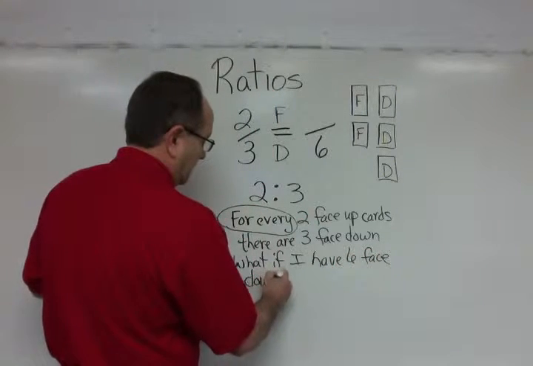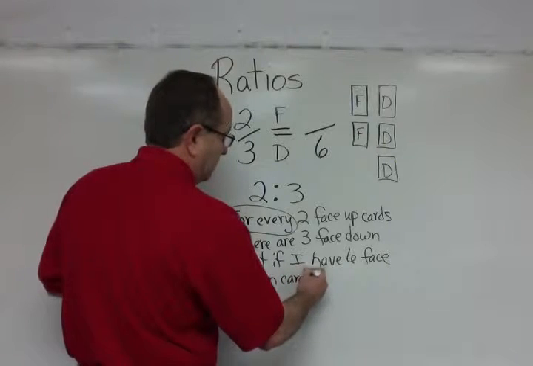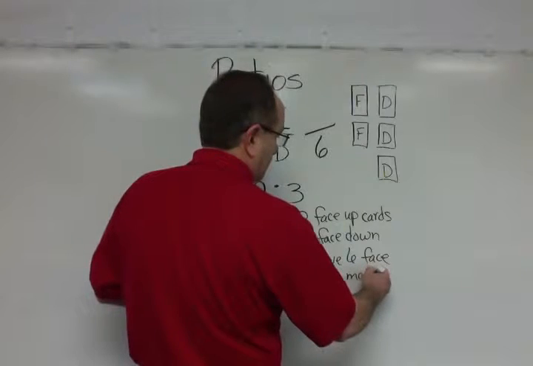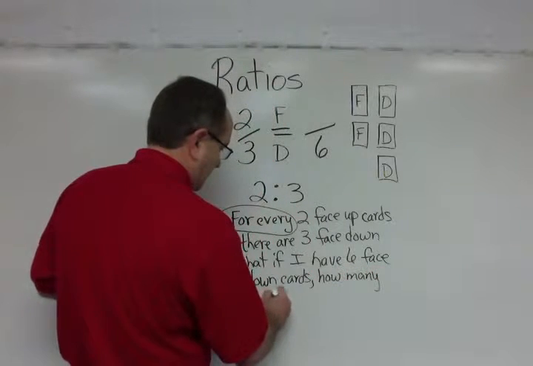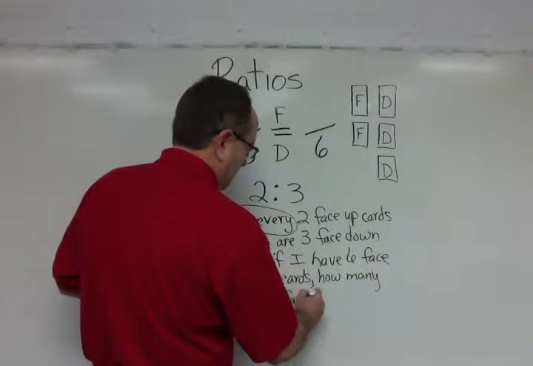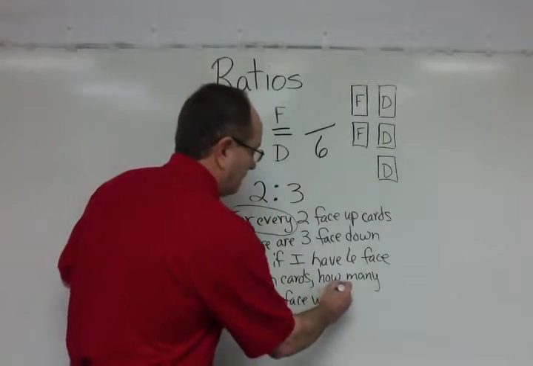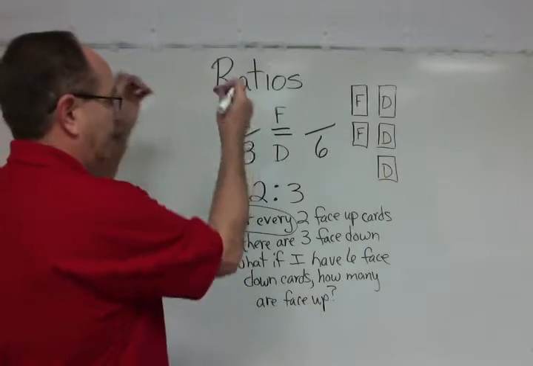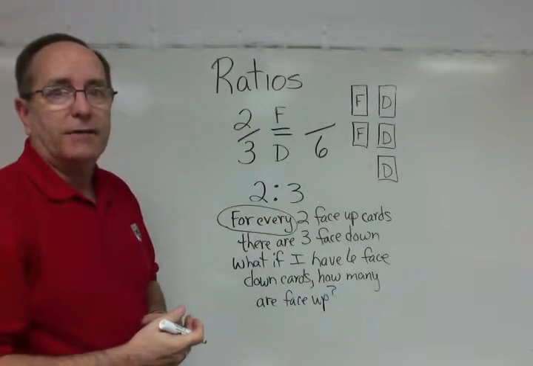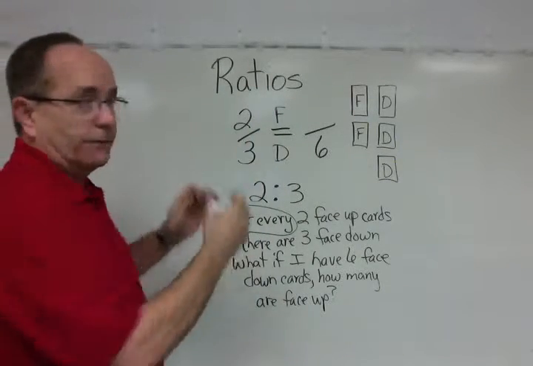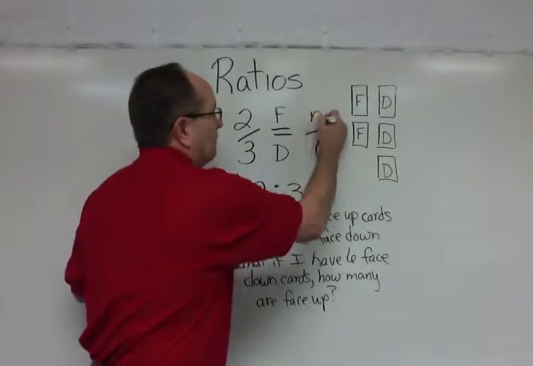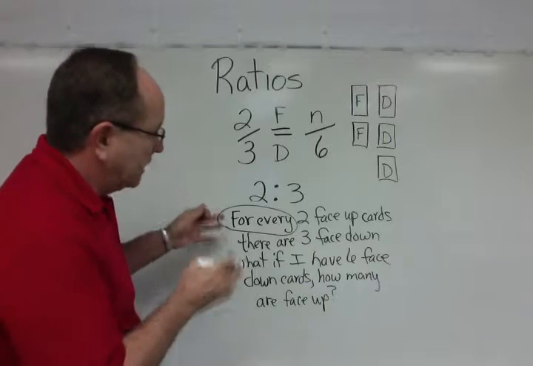How many will be face up? Now again, this is a very simple problem. A lot of you would say right away, I know that answer because of equivalent fractions. And you're right, but again, to solve this problem, what is it telling me?